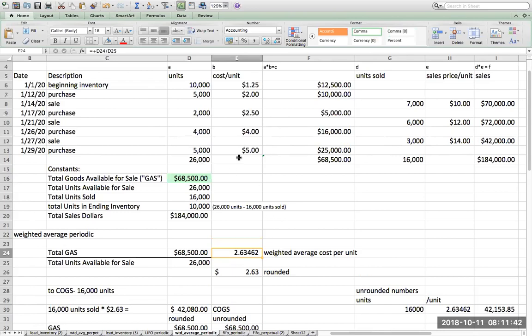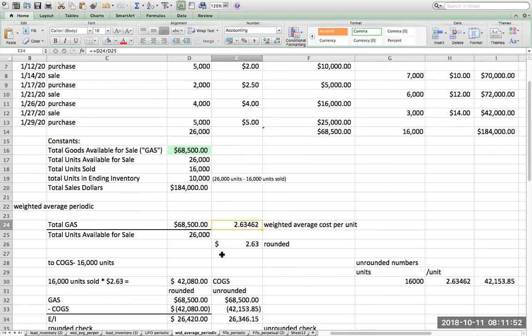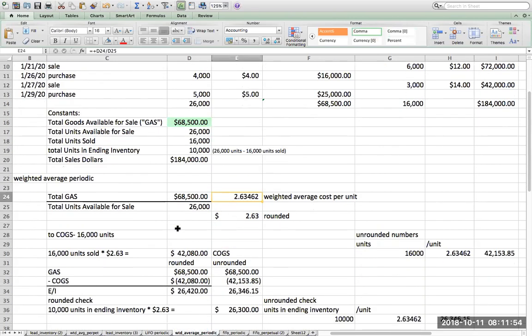So I'm taking an overall average, my goods available for sale divided by my units available for sale, coming up with an average weighted cost per unit. I take the 16,000 units, multiply by $2.63, and it comes to 42,080. I then subtract that from goods available for sale to get to my ending inventory.